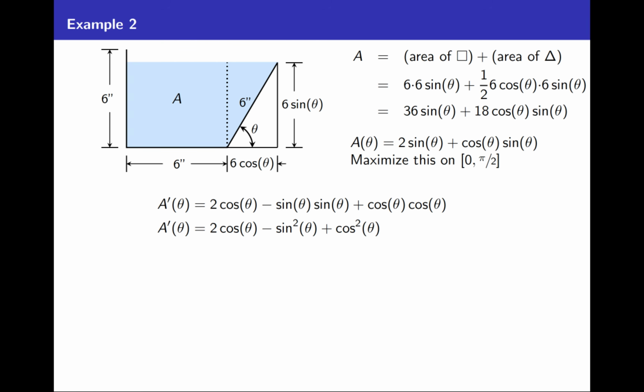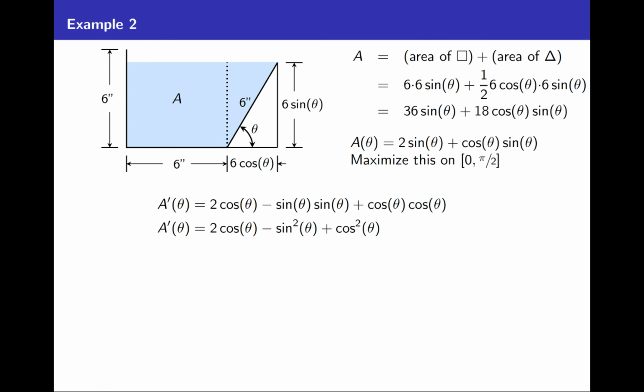And okay, we've got to think about finding the critical point here. There's sines and cosines and squares. There's a lot going on. Let's see if we can simplify this a little bit. One thing you might notice here is that mostly we've got cosines, but here's a sine squared right there. It might simplify a little bit if we could get that in terms of a cosine or cosine squared.